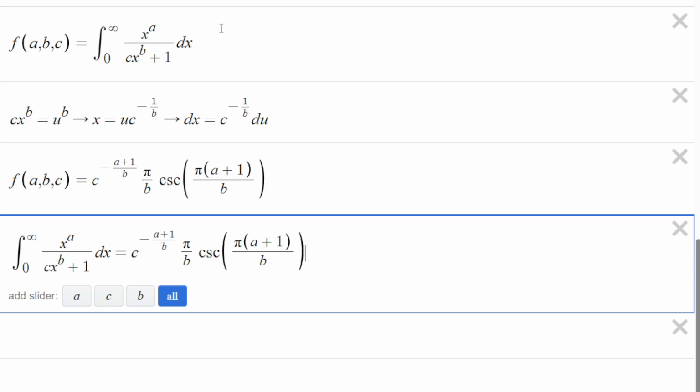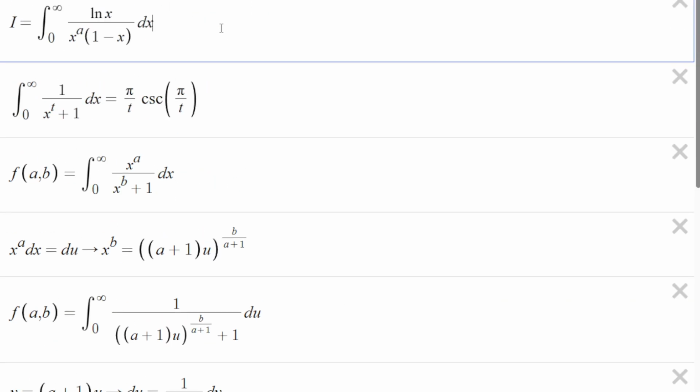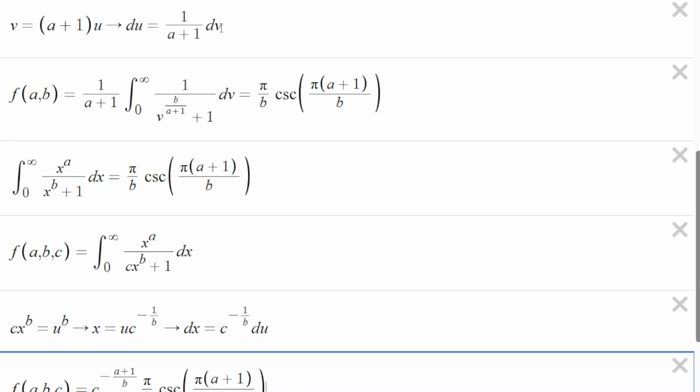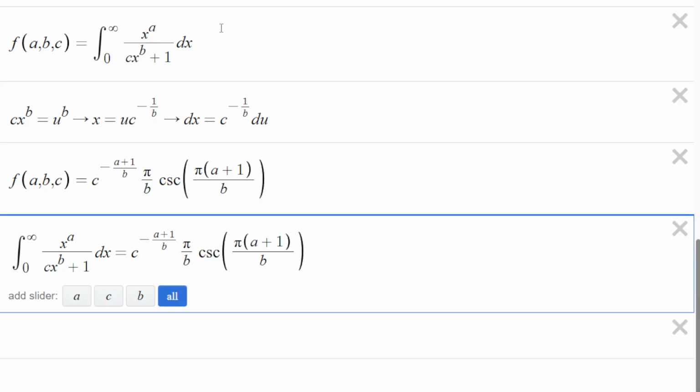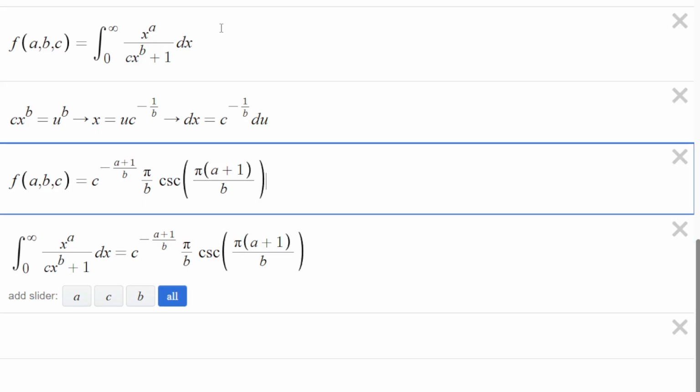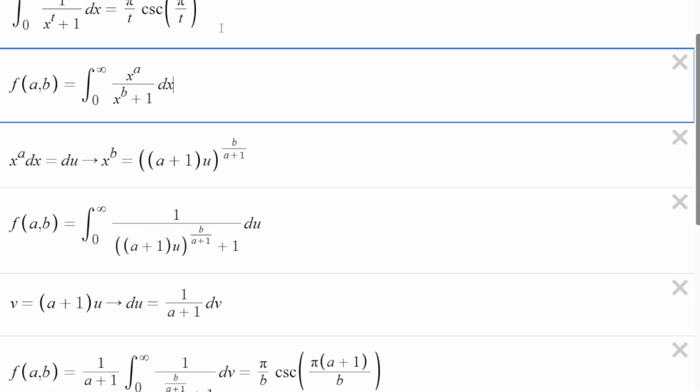And now actually what we can do is plug some values in right away to get it closer to our original I. All right. So what could we plug in? Well, let's see. We could let a equal negative a, right?